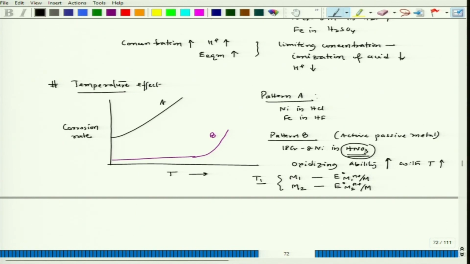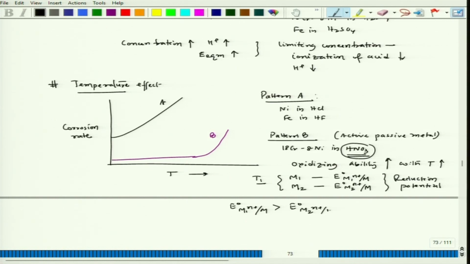Now, there could be a possibility, let us say if I consider reduction potential. Fine. So, now if E naught M1 n+ is greater than E naught M2 n+.